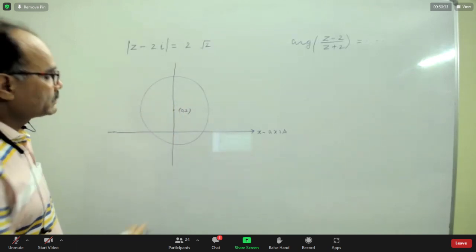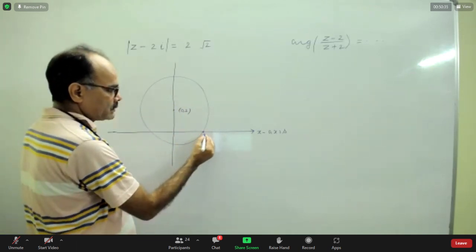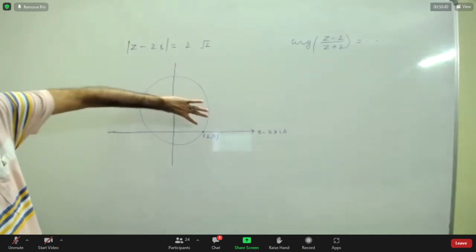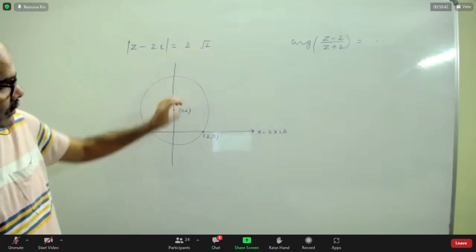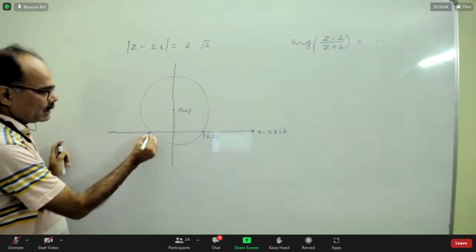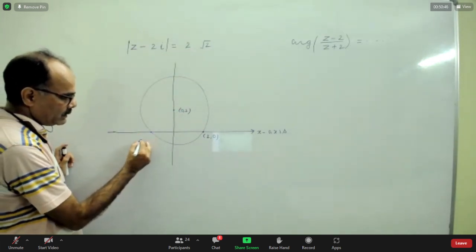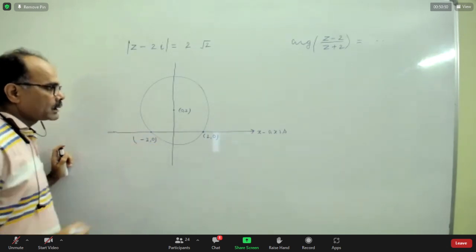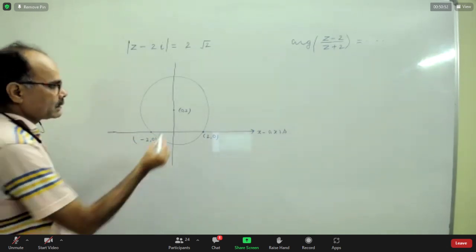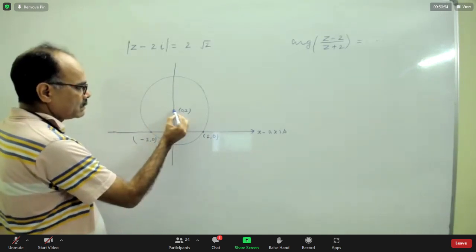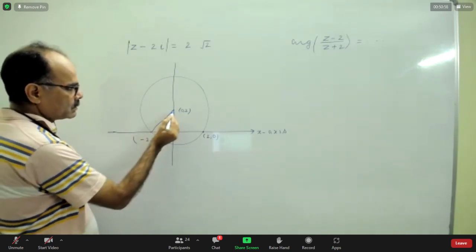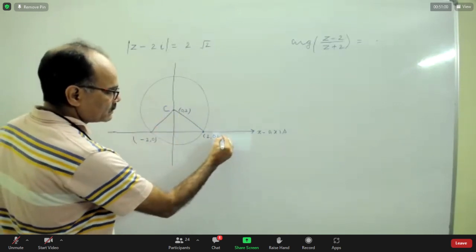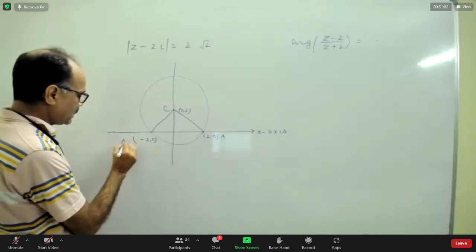So obviously this point will be 2, 0, because this distance is 2 root 2. And by symmetry, this point will be minus 2, 0. Now let us join it. This is C, this is A, this is A dash.